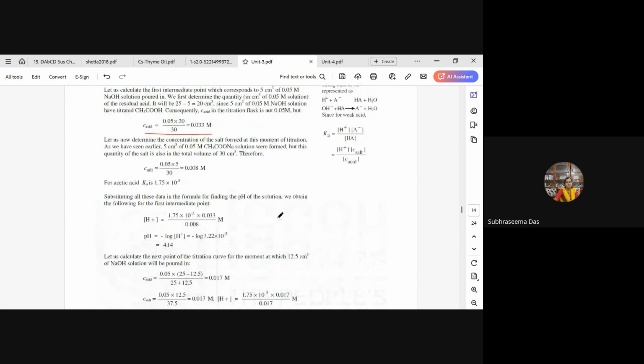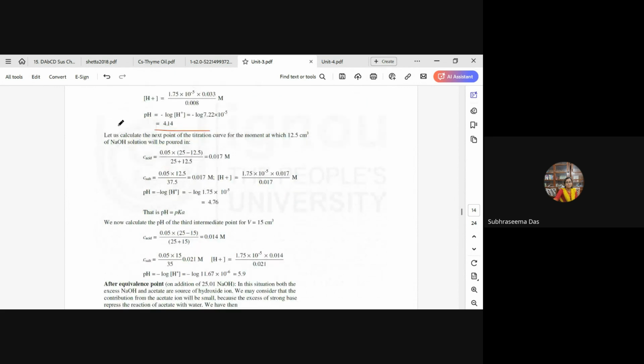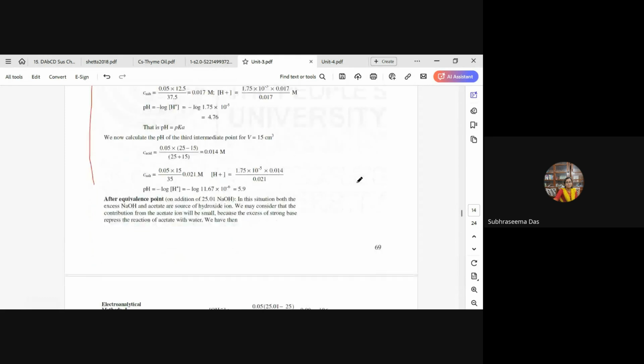Then we consider the concentration of the salt that is formed at this point of titration, where we have added 5 ml of the solution. The Ka for acetic acid we know, and substituting all this data we find that the pH is 4.14.